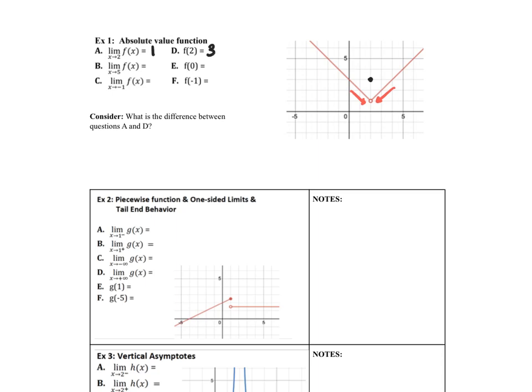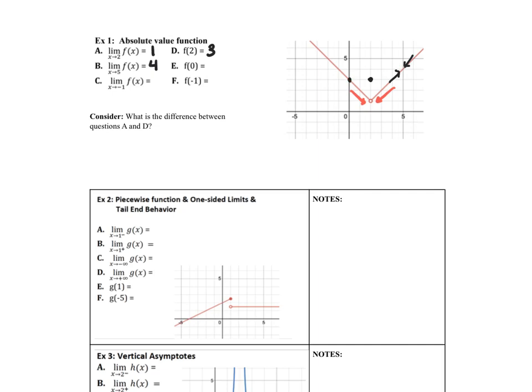We can look at the limit as x approaches 5. Again, we'll come from the left and from the right, and here our y values are approaching 4. We can read the value of f of 0 straight from the graph.